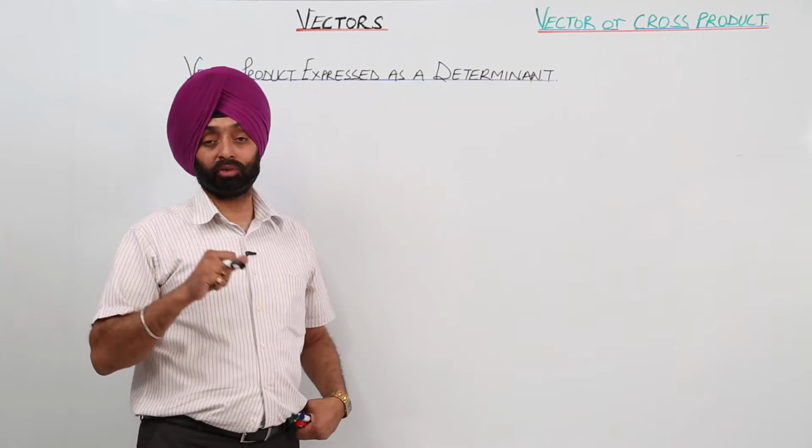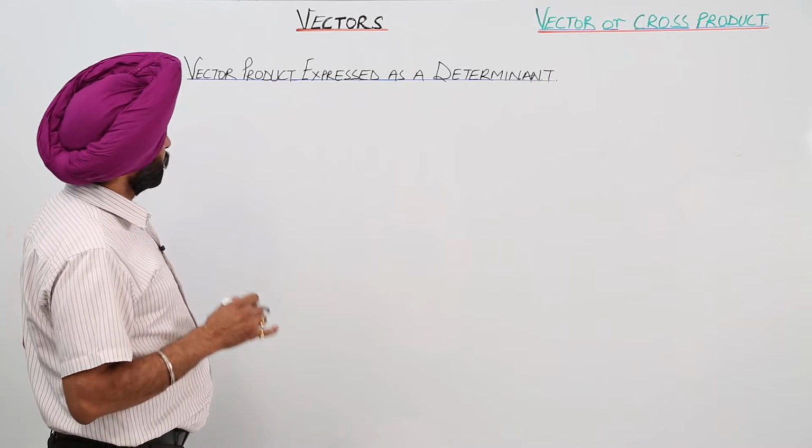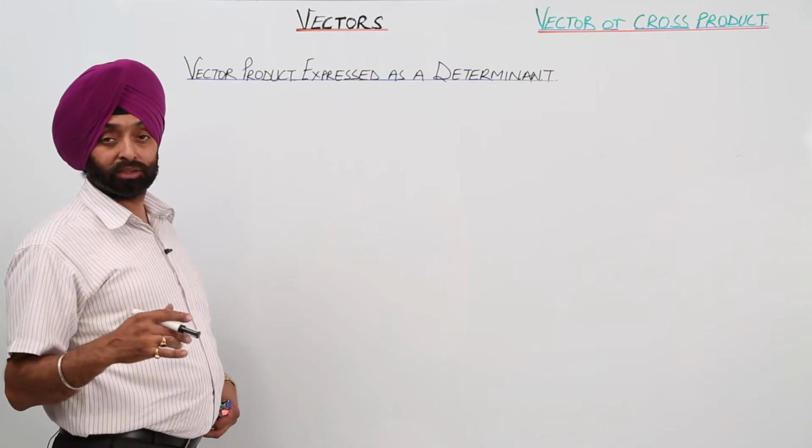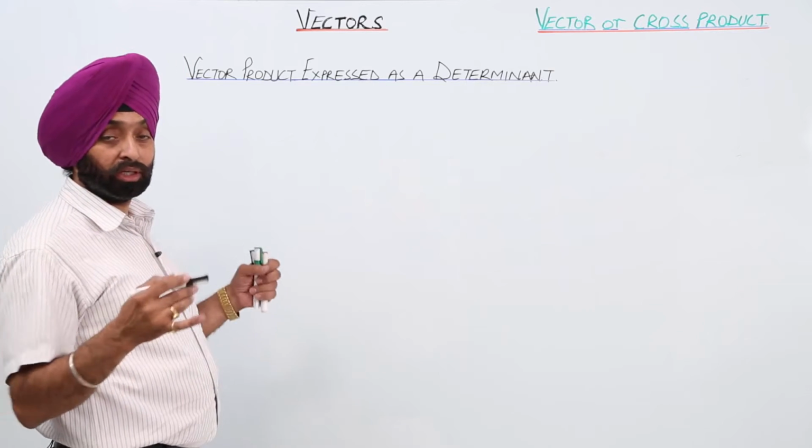A very important result: the vector product expressed as a determinant. Now what we are going to learn, just check it.